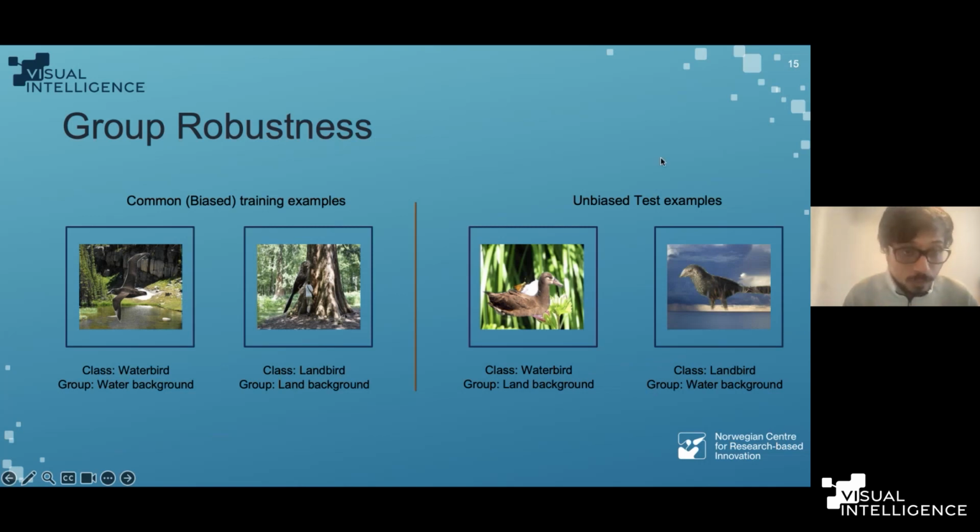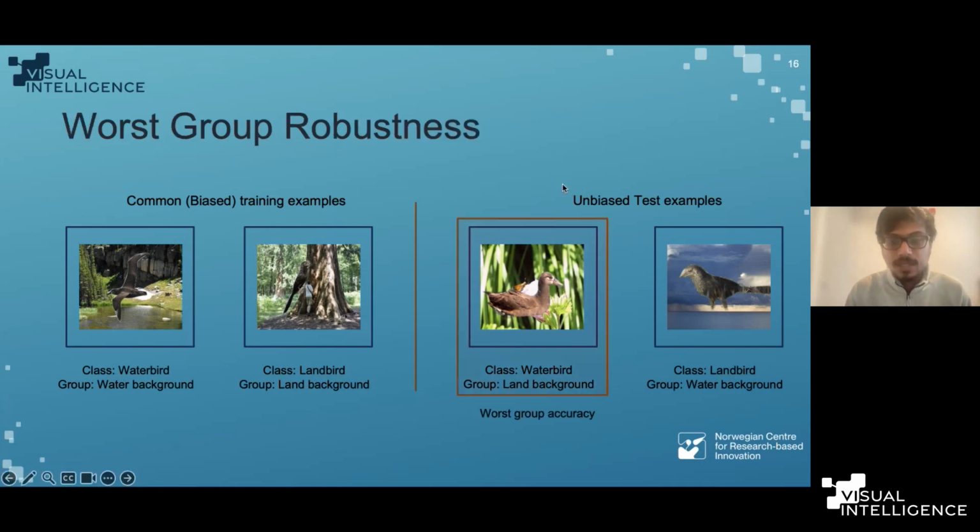Now, the objective of the group robustness research paradigm is, okay, given that we are in the group label-based setting, what is the classifier performance, or what is the worst classifier performance on a particular group? We call that metric the worst group accuracy. And this is the metric that researchers in this domain look to optimize.